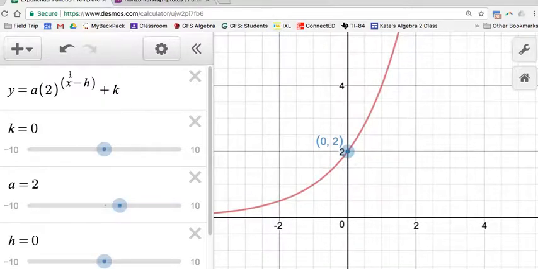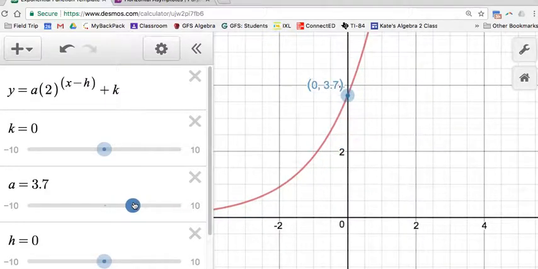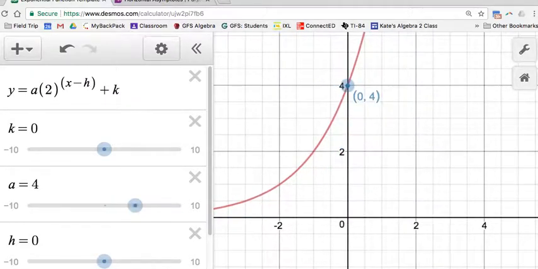Now when x is 0, 2 to the 0th power is still 1, but because a is 2, it's 1 times 2. So that's moved this point now 2 away from the asymptote instead of just 1 away from the asymptote. If I make a 4, now the y-intercept is 4 away from the asymptote.